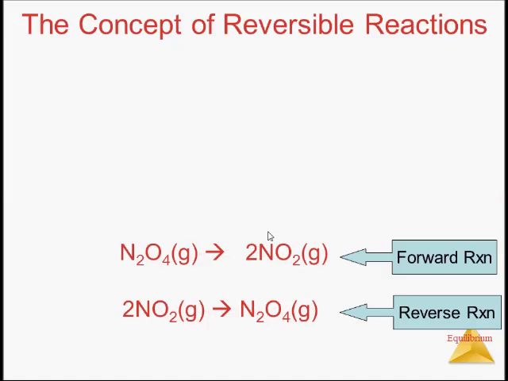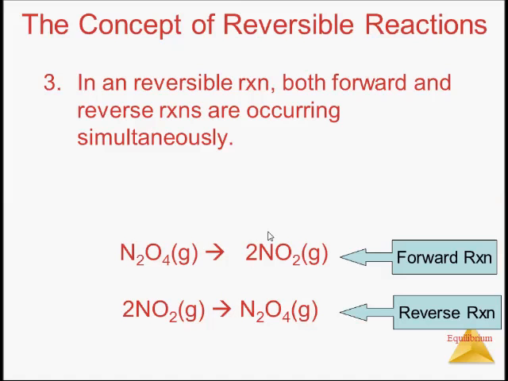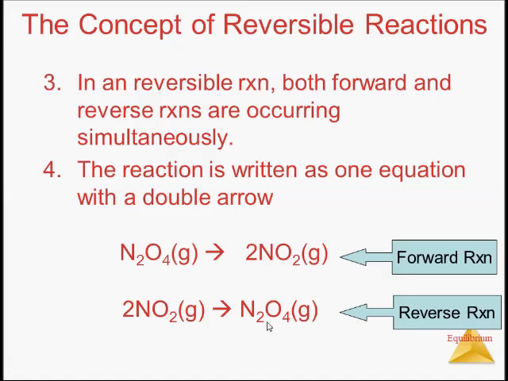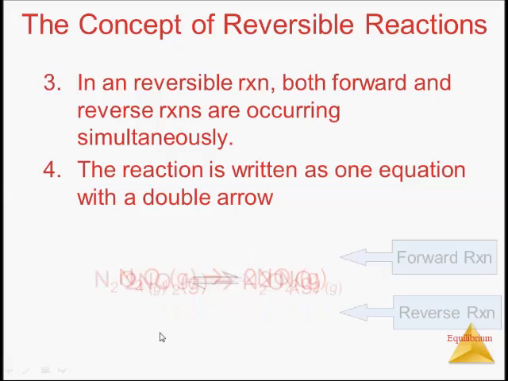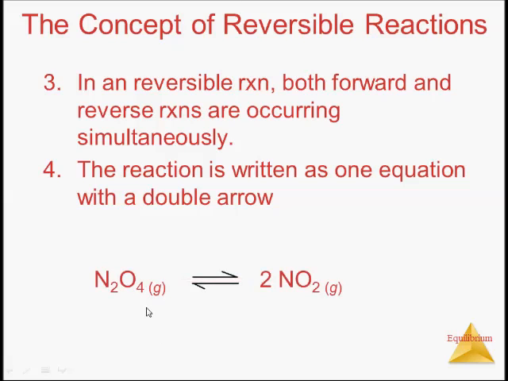Now, in chemical reactions, both of them are occurring at the same time. As we're making the NO2, that NO2 is back reacting to get the N2O4. So they're occurring simultaneously. When we write a reversible reaction, we could write it as two separate reactions like we have done here, or, since we're always looking for shorter ways to do things, a shorter way is to write it with a double arrow in between.